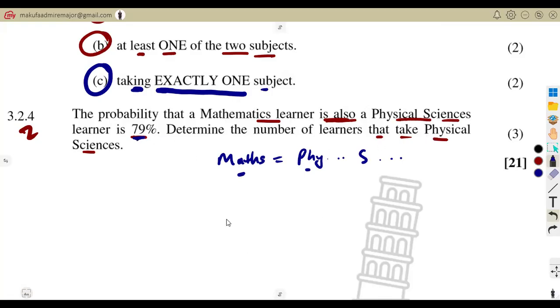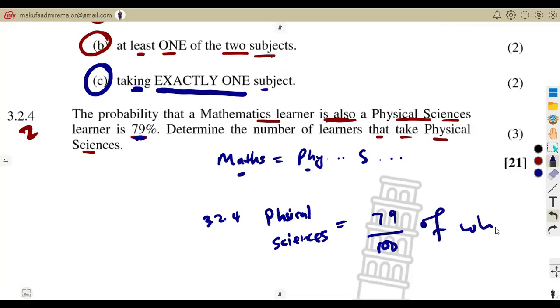So for us to have the physical sciences, guys, we can simply use that percentage to calculate the students that are doing physical sciences, because they are also doing mathematics at this percentage. So we are going to use 79%. But it's 79% of what? Are we given anything about physicals to know?